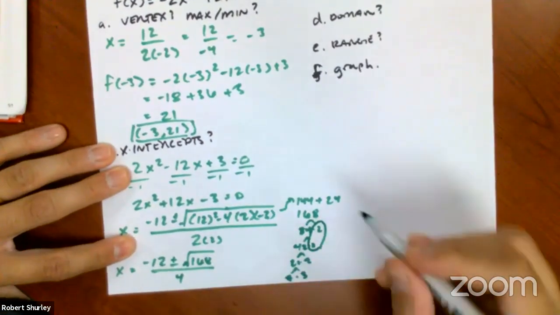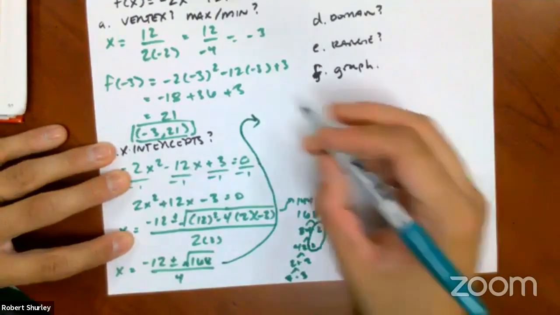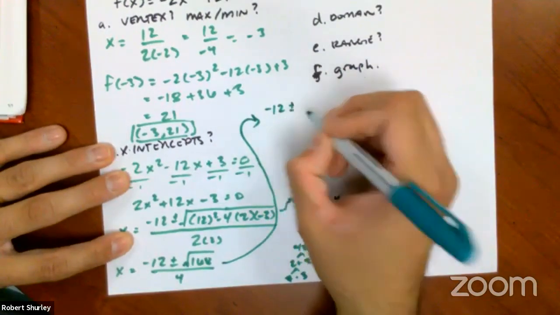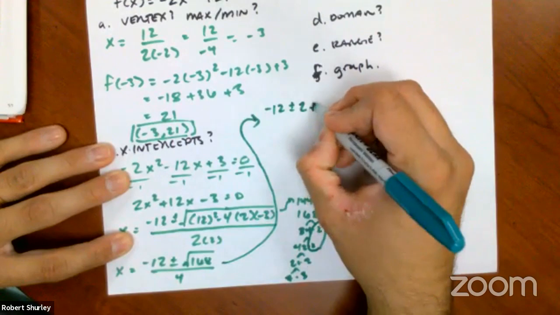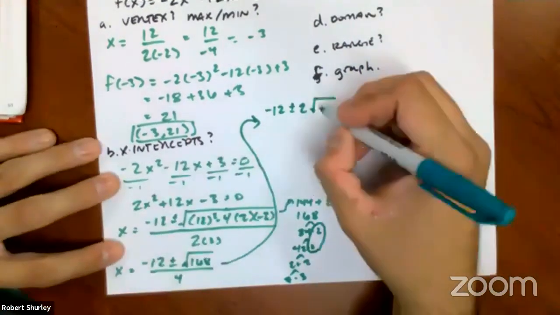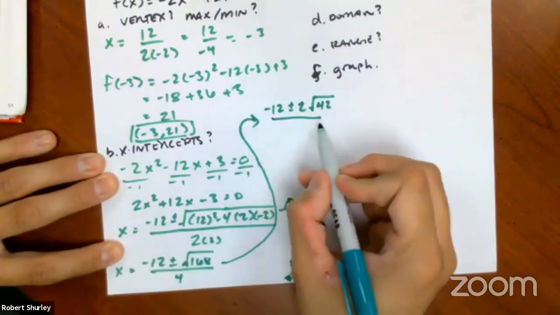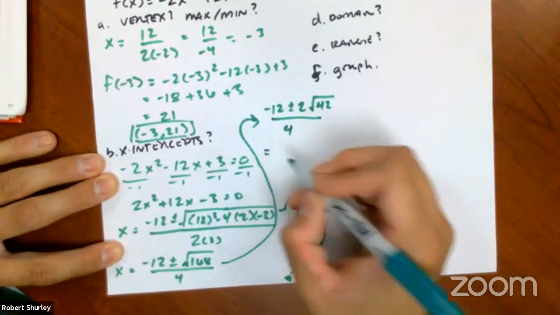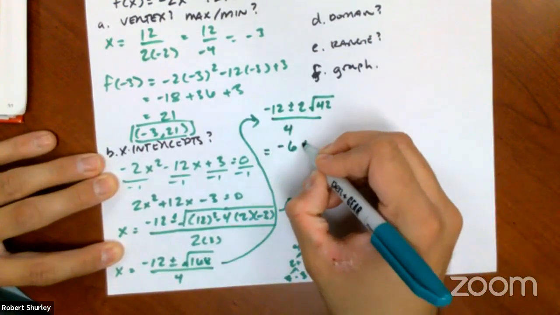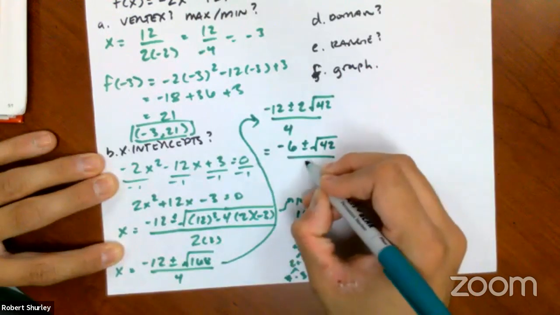So I'm left with, I know this is getting kind of garbled up here. Let's start it up here. I got some free space. So this winds up being negative 12 plus or minus, I can take the 2 out, and I'm left with the square root of 42, 7 times 3 times 2, all over 4. So this simplifies into negative 6 plus or minus the square root of 42 over 2.